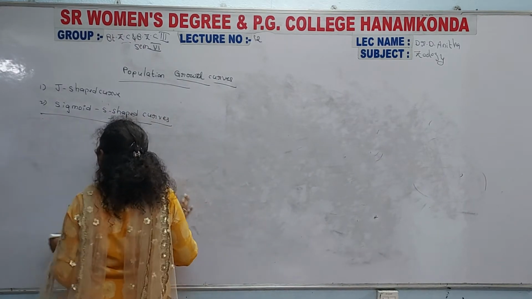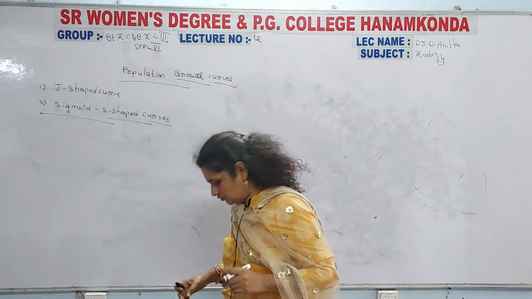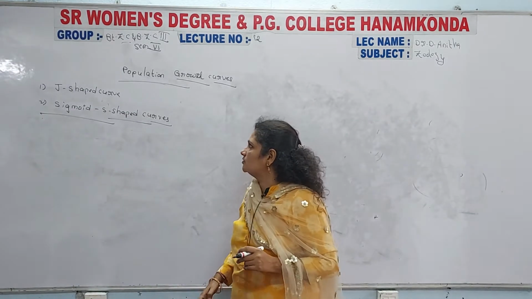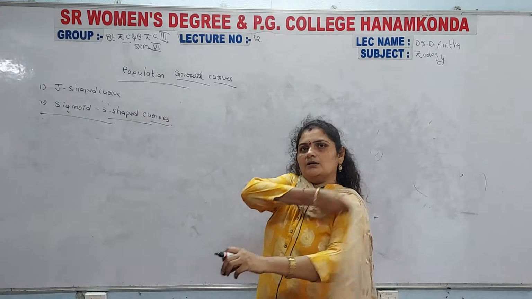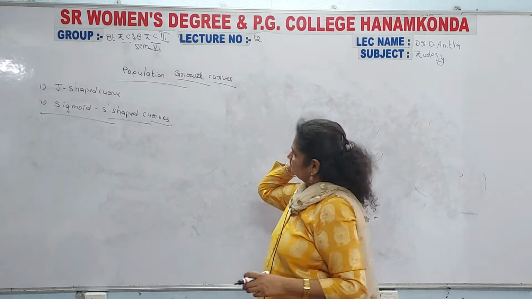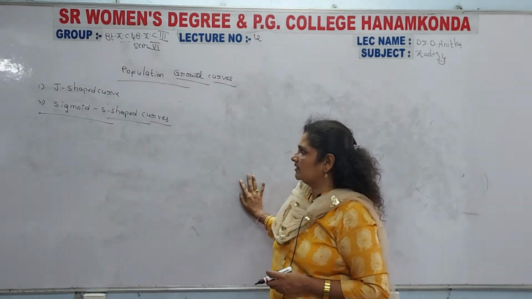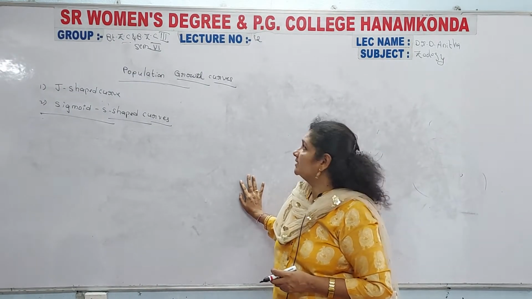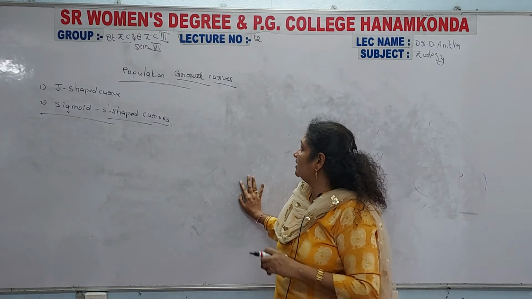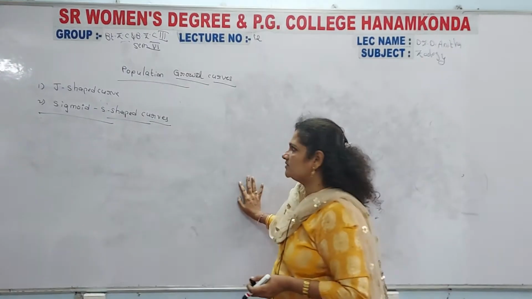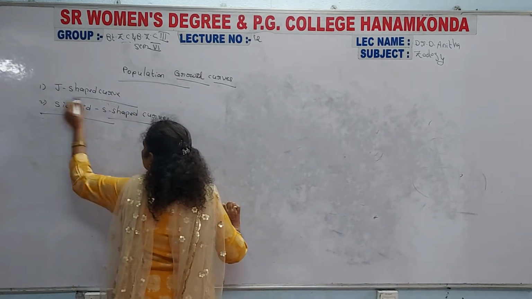These two are mainly helpful to explain population growth curves. So we will see the J-shaped curve first.